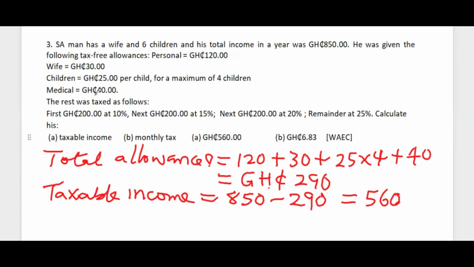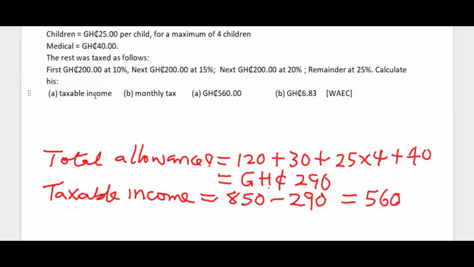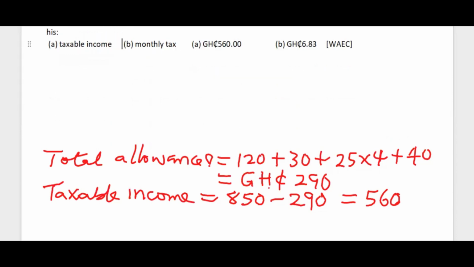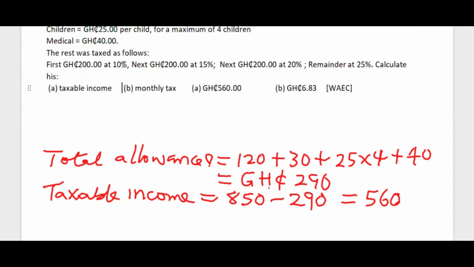From there, we want to calculate tax. If you look at the taxes we are calculating, we are given that the first 200 that you can pull out, you tax it, you get 10% of it.